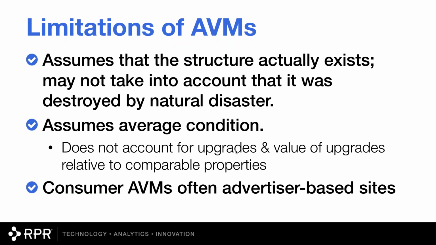And it does not account for any upgrades or the value upgrades that the homeowner might have put into that property. The consumer AVMs are often advertised based as well, which means that they're using click-through ads and they're selling leads to you guys, the real estate professionals. So those are just kind of some of the limitations of the AVM.